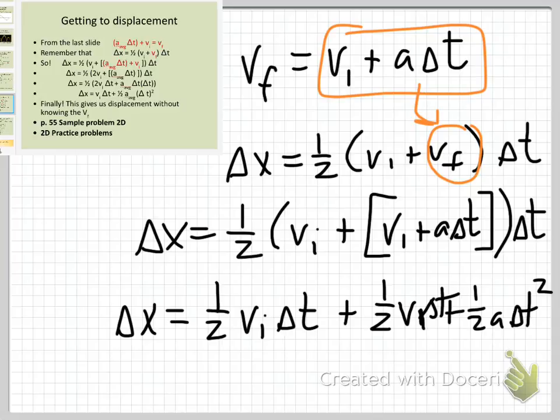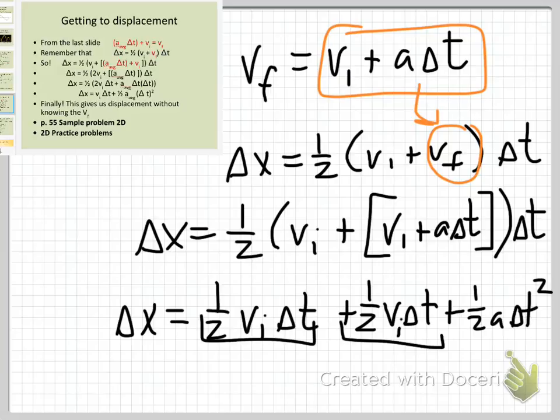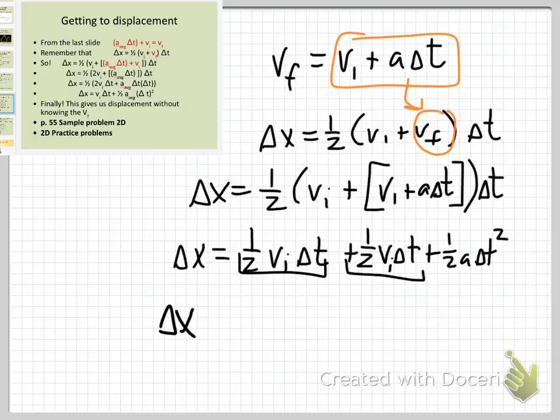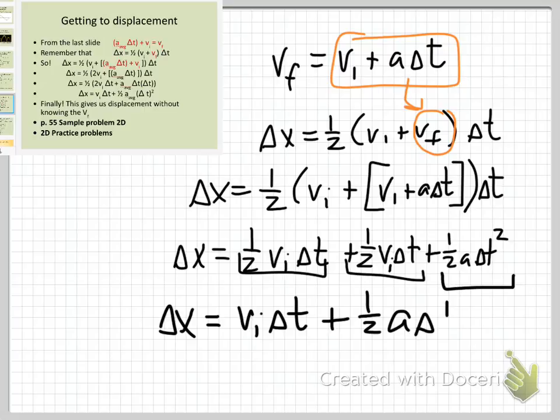Well, geez Louise, I made that about as messy as I possibly could. Let me move that over a little bit. So I can combine like terms. 1/2 VI delta t plus 1/2 VI delta t gives me VI delta t, and then I have plus 1/2 A delta t squared.